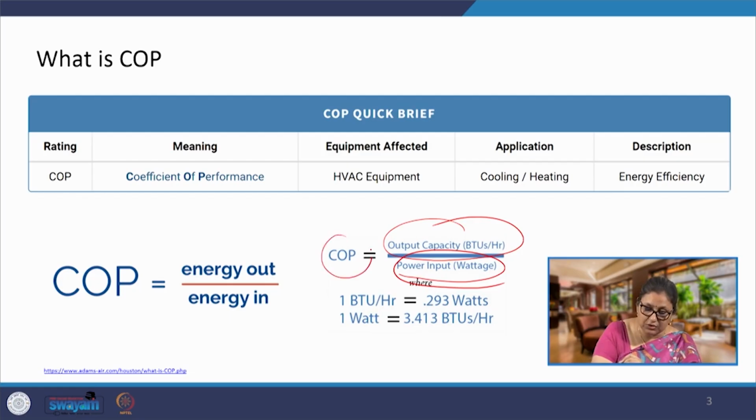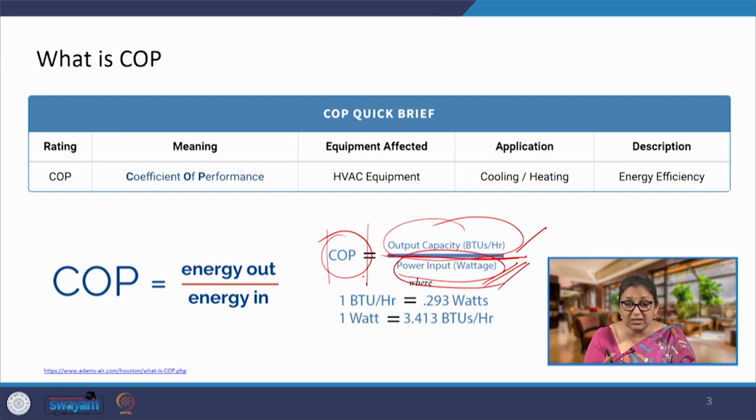Both are energies, but we are looking at the work done in the form of energy, how much heat has been removed per hour versus how much power input has been given in watts. This is what we take as COP.